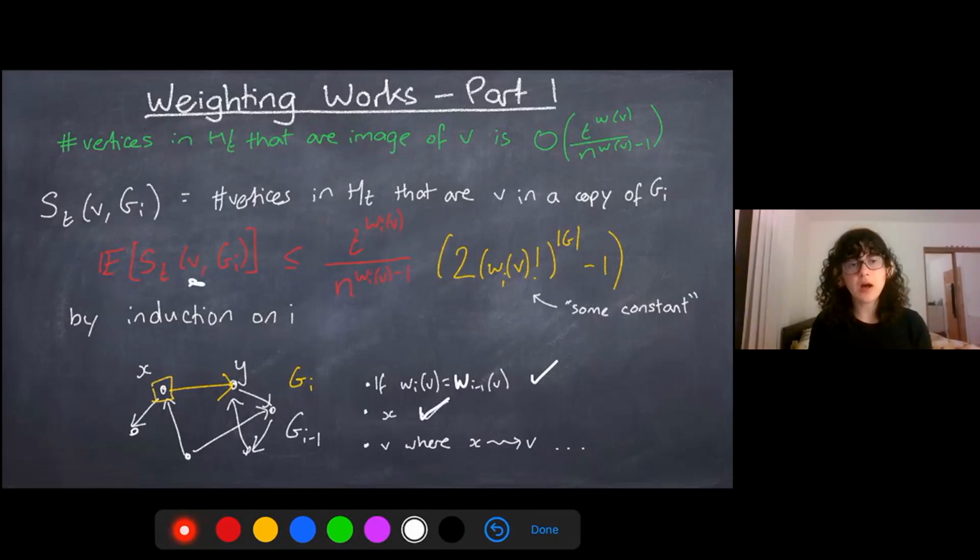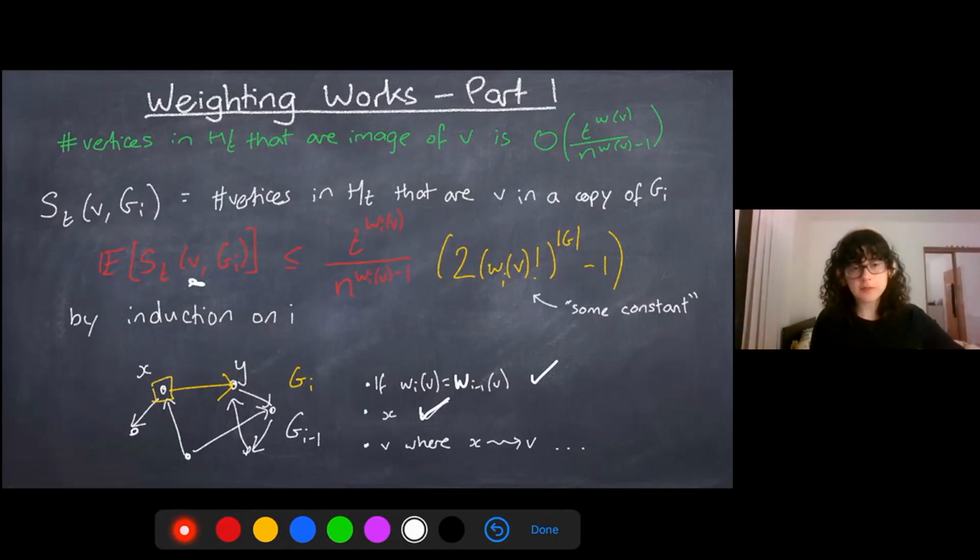And then the difficult part, which isn't that difficult, but it's a little bit more technical, is the third kind of vertex, which is these vertices that are on a directed path from x, so their weight is changing, but it's not that the random process has directly landed on one of them, it's that it's landed on x.